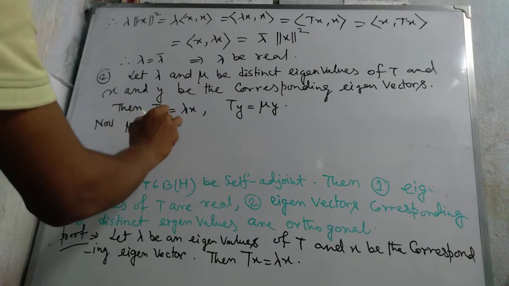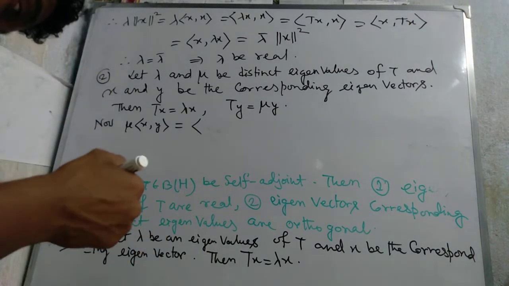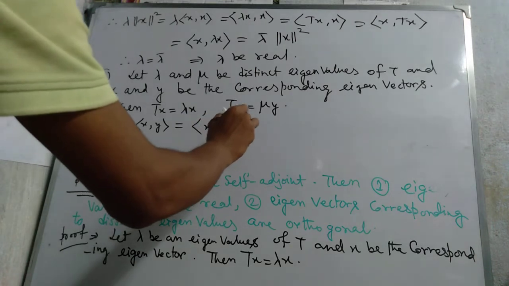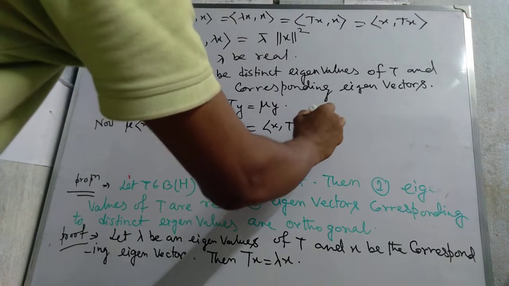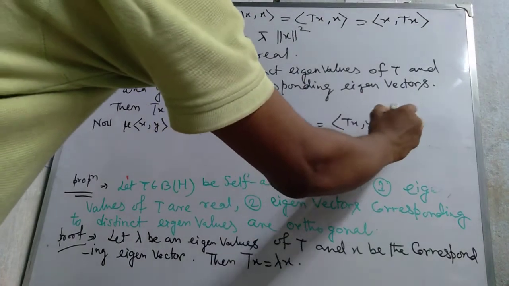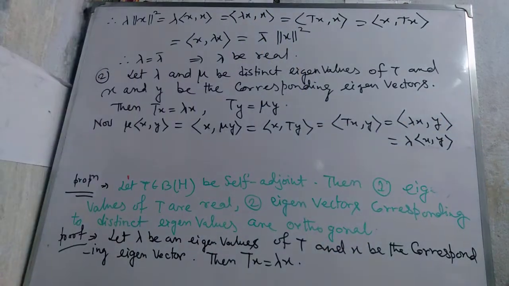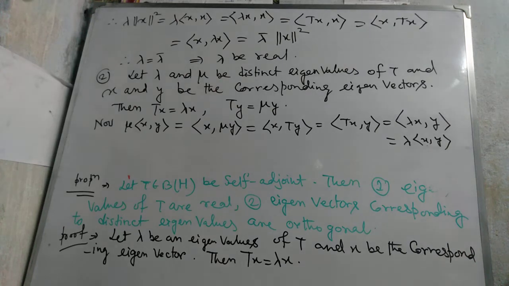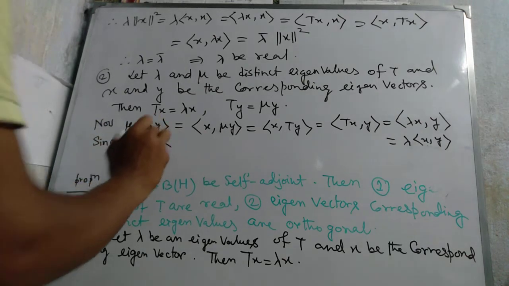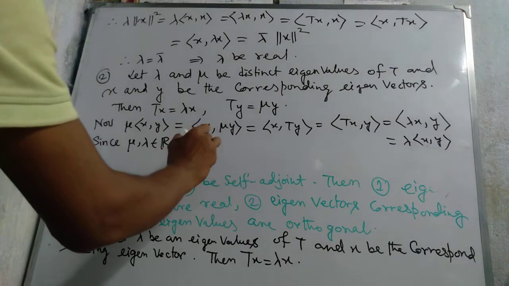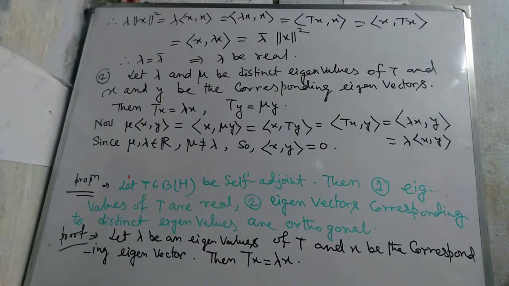Now mu inner product of x and y equals inner product of x with mu y, equals inner product of x with Ty, equals inner product of Tx with y, equals lambda inner product of x and y. Since mu and lambda belong to R and obviously mu is not equal to lambda, the inner product of x and y equals 0.